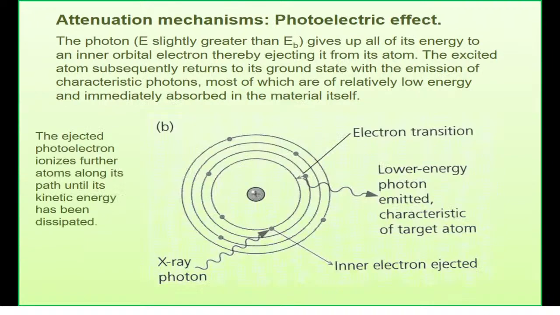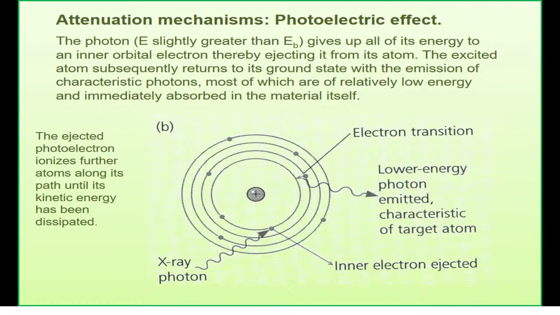In the other case, the photon gives up all of its energy to an inner orbital electron, when this photon energy is slightly greater than the binding energy. This is followed by ejecting the electron from its atom.